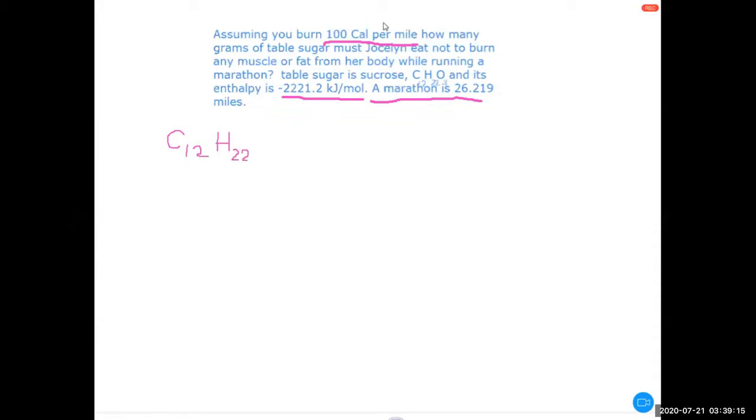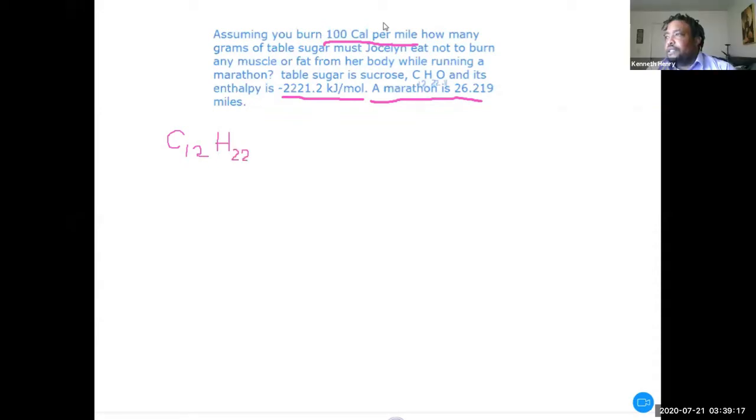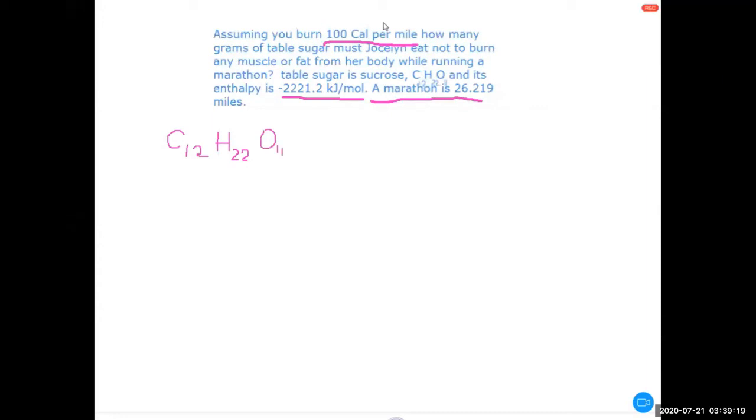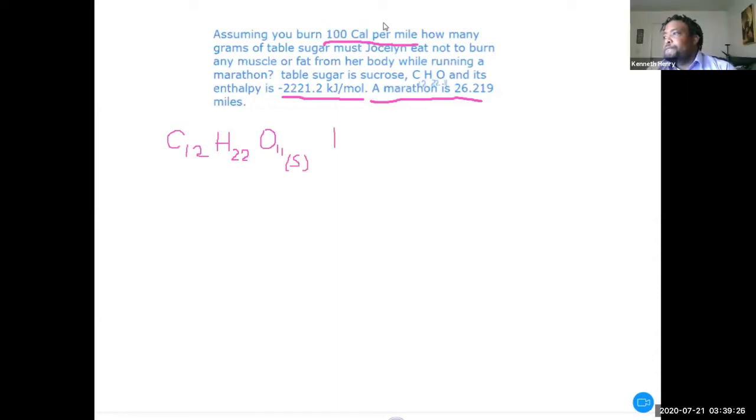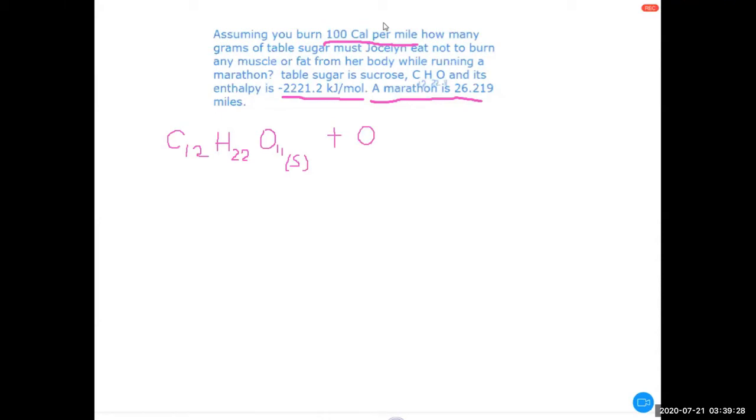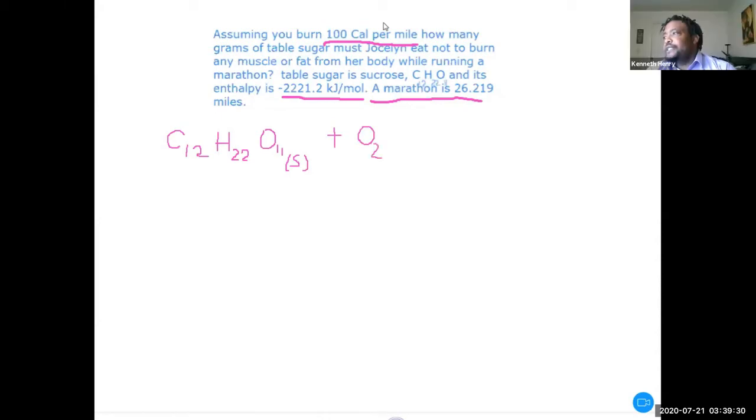That's a solid. Plus O2. And that's going to yield.